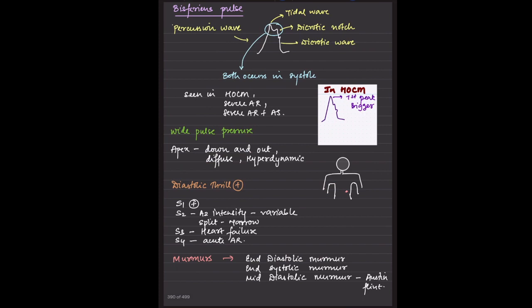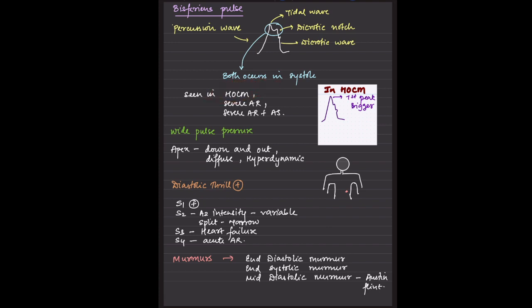Then coming to pulse bisferiens, that means there are two peaks present in systole, right? Both occur in systole. So how will you determine it? This is the percussion wave, this is the tidal wave, this is the dicrotic notch, and this is the dicrotic wave. It is seen in HOCM, severe AR, and AR with AS. There will be a wide pulse pressure and a diastolic thrill. Wide pulse pressure we have already seen.